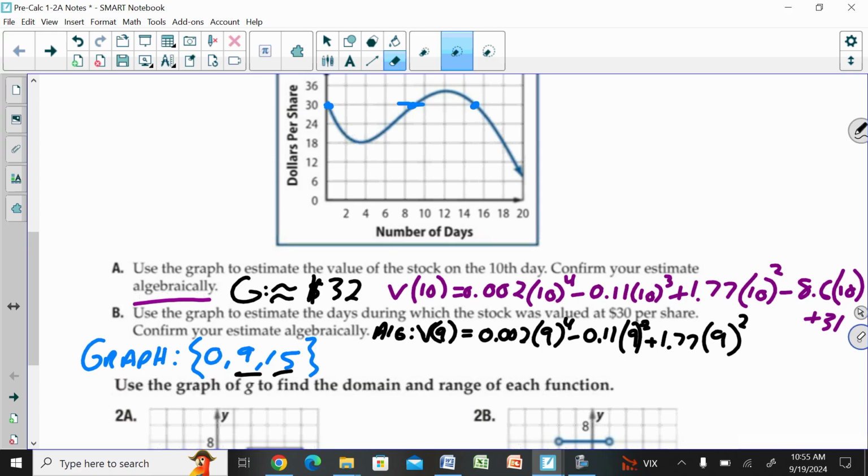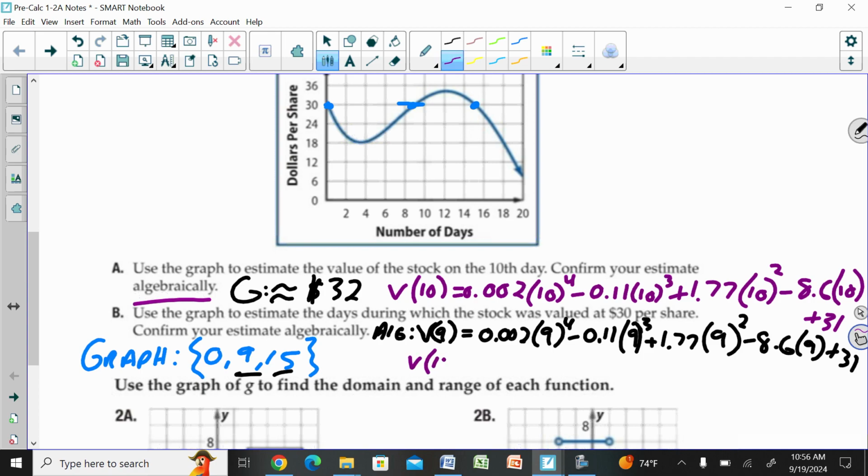I'm going to rewrite this here just because it looks messy. And then minus 8.6 times 9, plus 31. I'm also going to have to evaluate the next one down, which was 15. It's going to be the same formula, same idea.